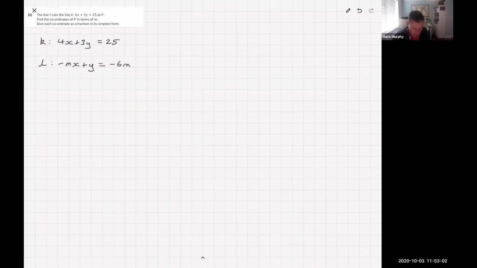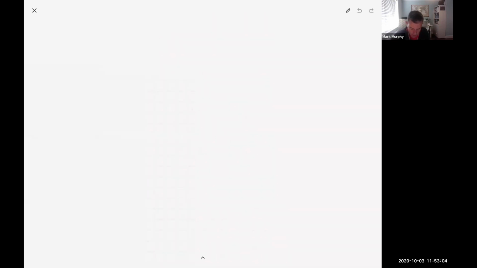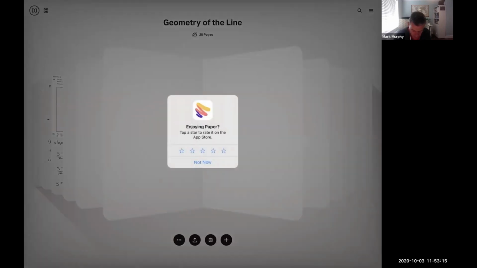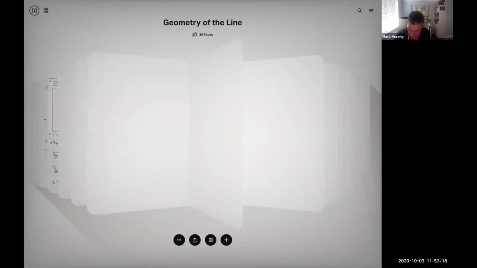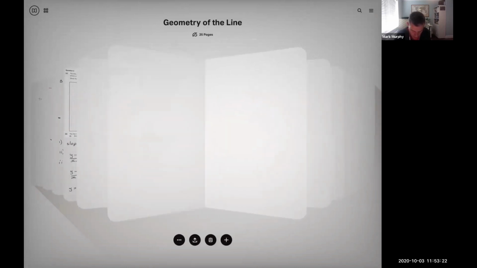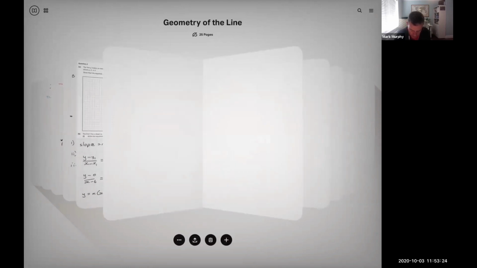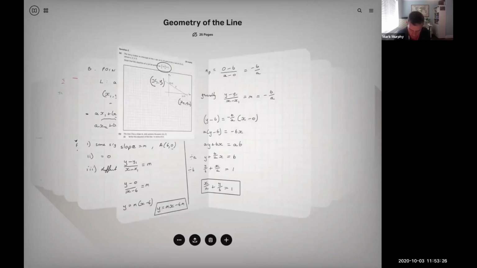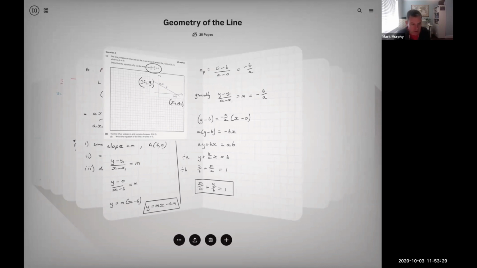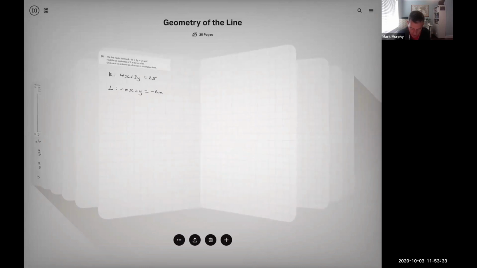I don't know why it just jumped a load of pages there, but I'll just go back to it. There's L there, y is equal to mx minus 6m, okay? So that's where we got that from. So let's go forward there again.